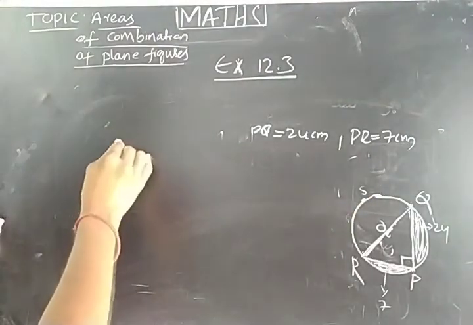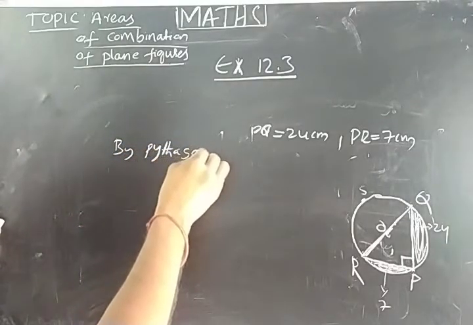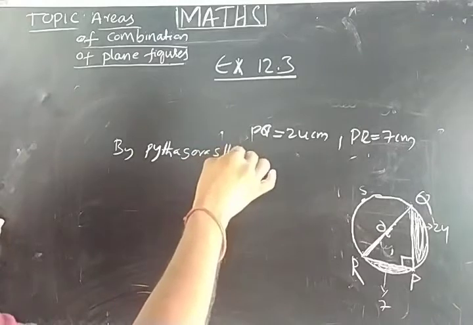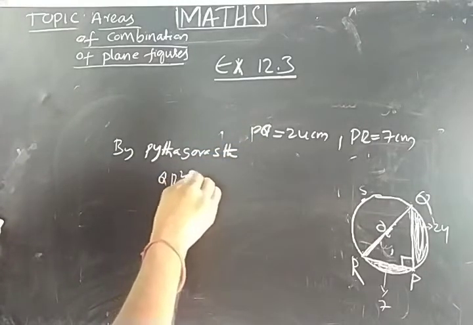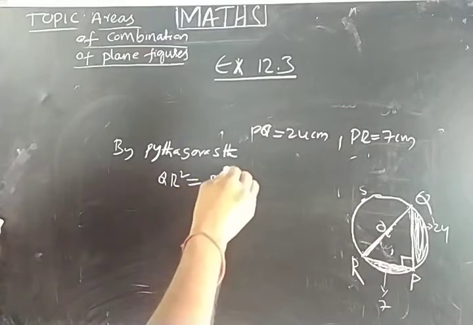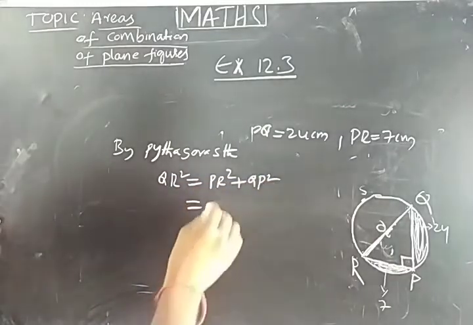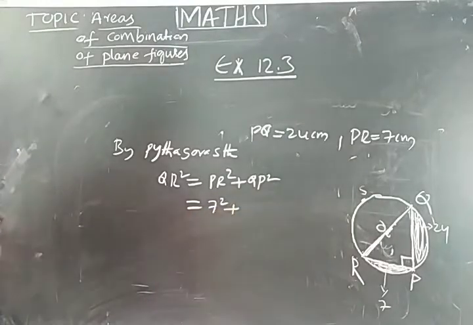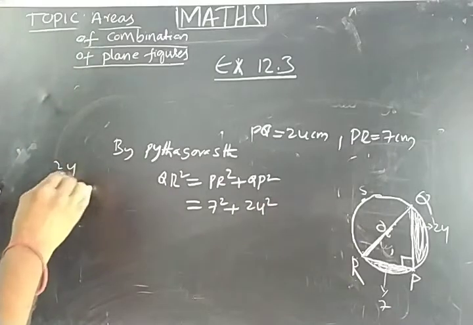By Pythagoras theorem, we know QR square equals PR square plus QP square. PR square is 7 square plus QP square is 24 square. What is 24 square value?